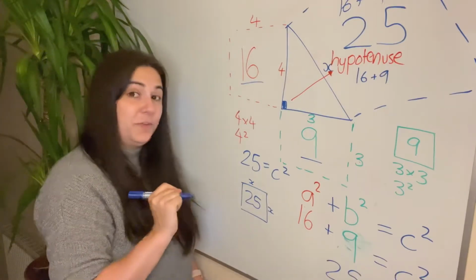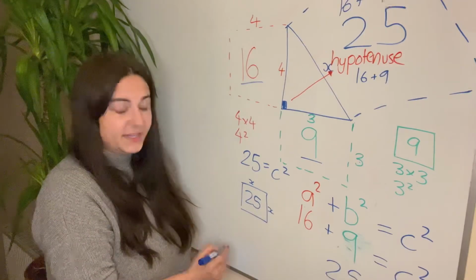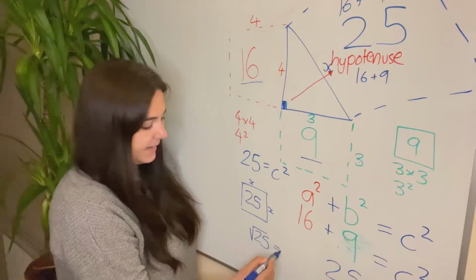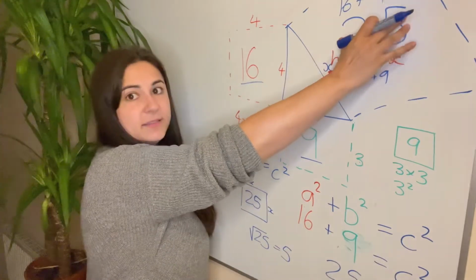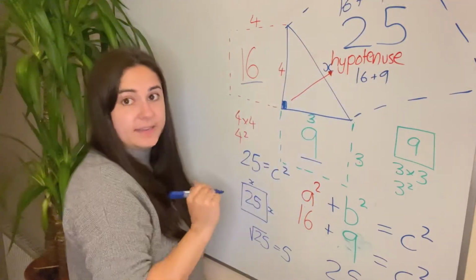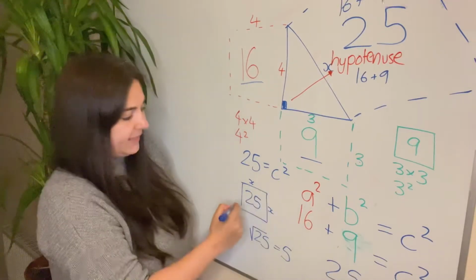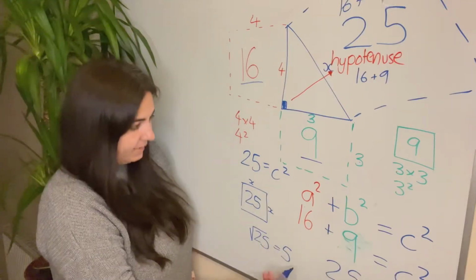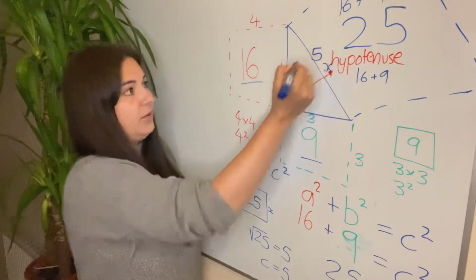Hopefully, you're familiar with your square numbers and you recognise that 25 is one of the square numbers, and the square root of 25, this is how we'd write it, is 5. Okay, so once you've found what the area is of the largest square, you square root it to find the length of the side. So in this case, 25 is c squared, so the square root of 25 is 5, so therefore c must be 5. You can try this yourself.